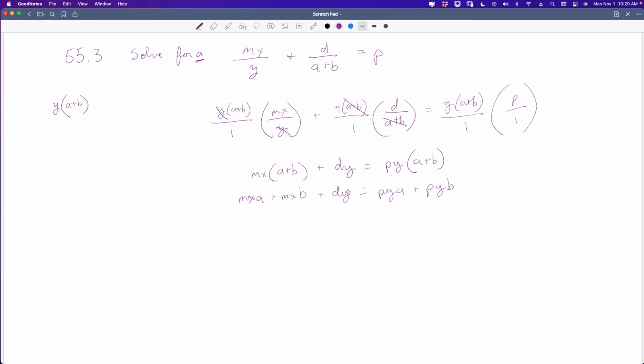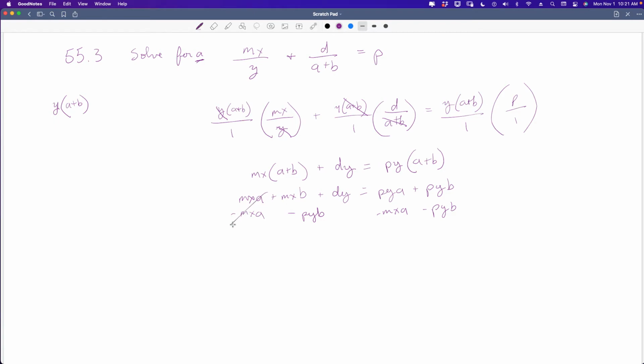Now we can put the a's together. If we put them on this side, we'd have to move 2. If we put them on this side, we'd only have to move this 1. So let's do minus mxa. Actually, let me write that over here so it's easier. Minus mxa. Now we're going to subtract this, minus pyb minus pyb.